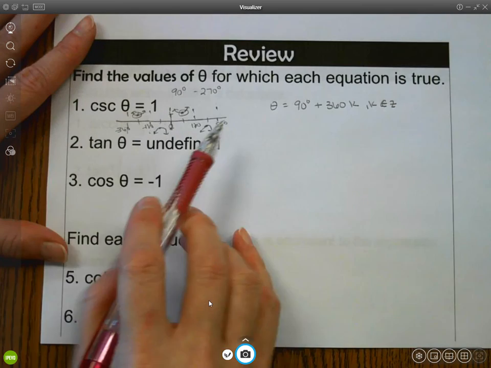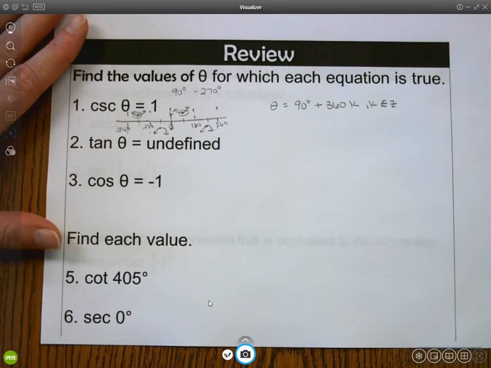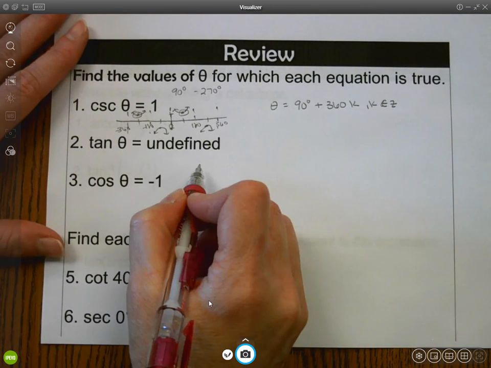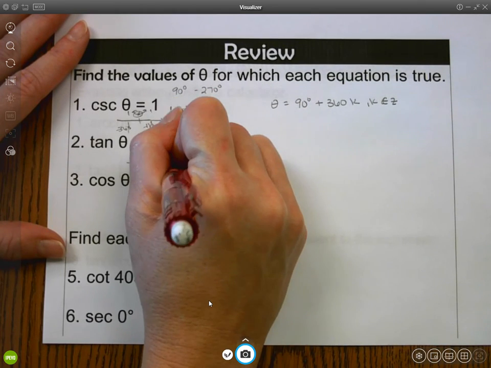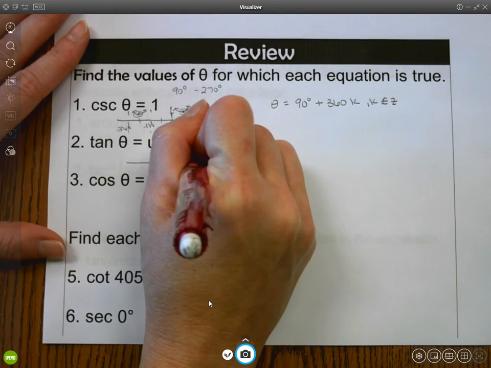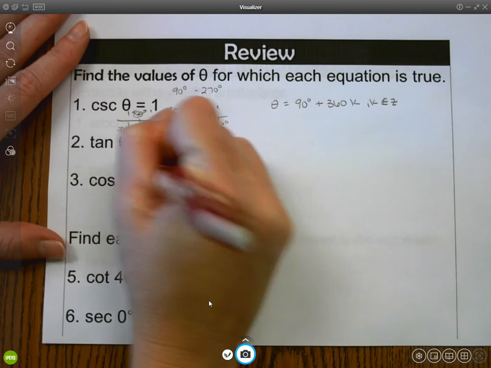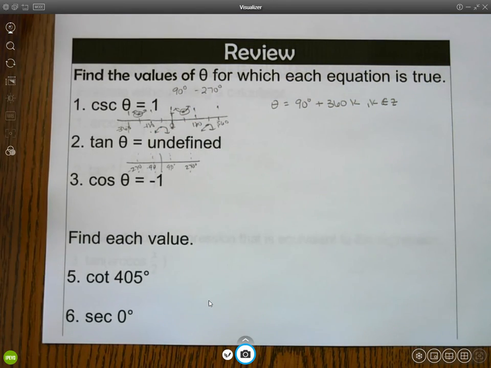Thinking about our graph, we know that it happens at 90, and we know that it happens once in every 360 degree period. All right, so tangent. We know that tangent is undefined, has asymptotes, at 90 and 270, right? Undefined is where your asymptotes happen.